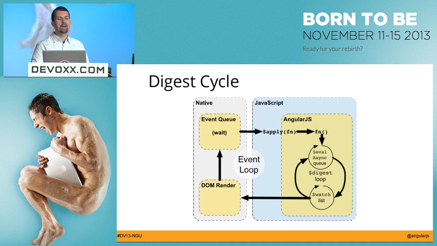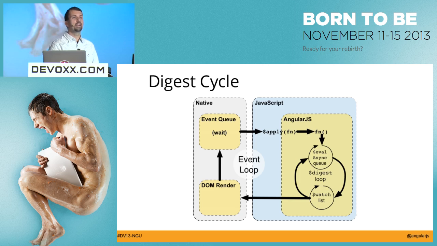That means that the only time something could have changed in the system is if the server came back with a response, so we have an XHR response, a timer has fired, or the user has interacted with the UI, for example, dragging the mouse, clicking, or something like that. But even that is actually a much larger set than what you actually need, because you know whether or not you have fired an XHR to the server.